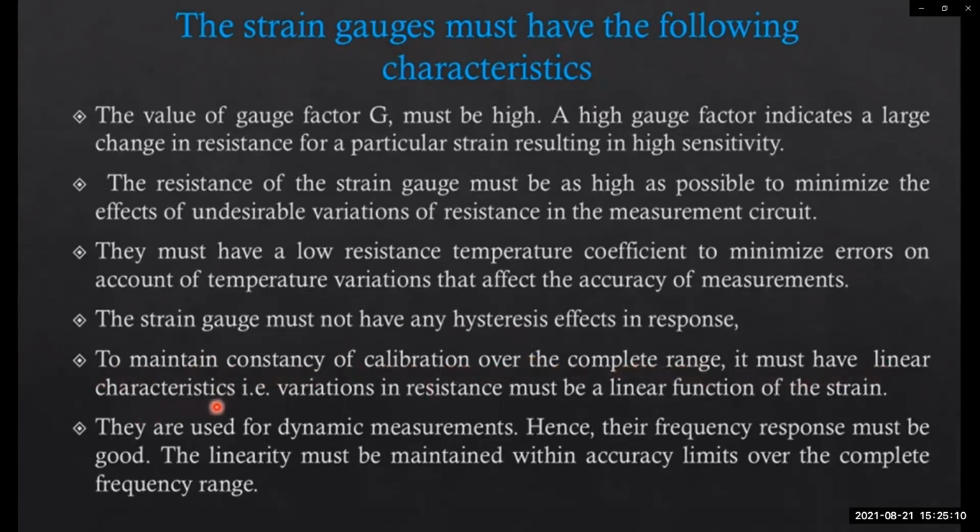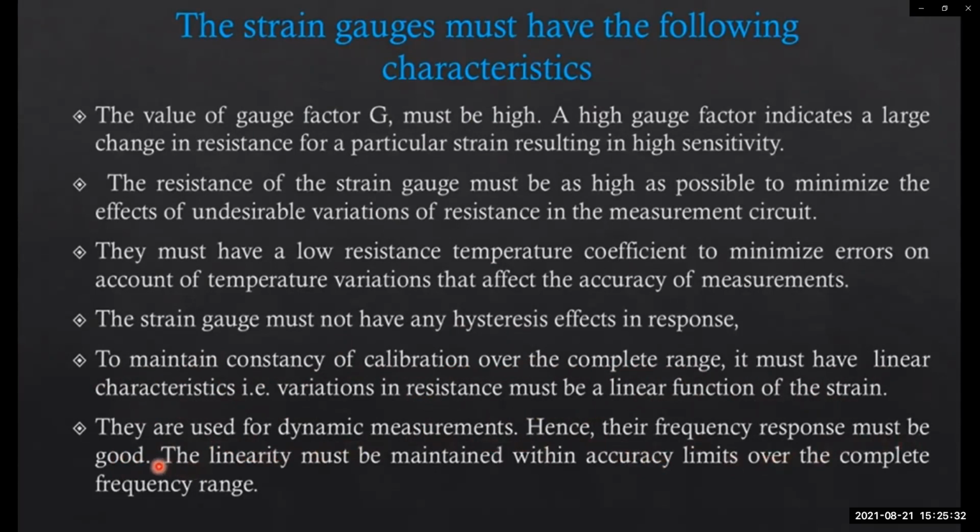We also know about the linearity of the instrument, that is, the variation in resistance must be a linear function of the strain. They are used for dynamic measurement. Dynamic measurement means our input value is changing rapidly with respect to time. Hence their frequency response must be good.